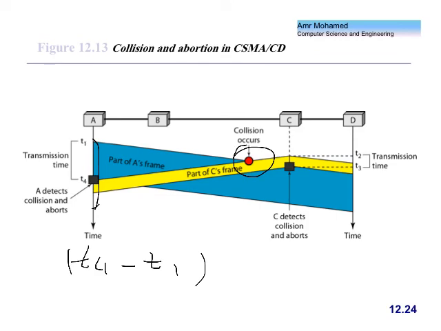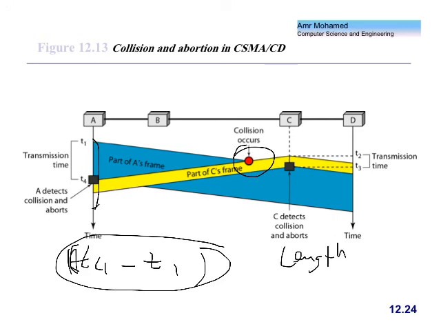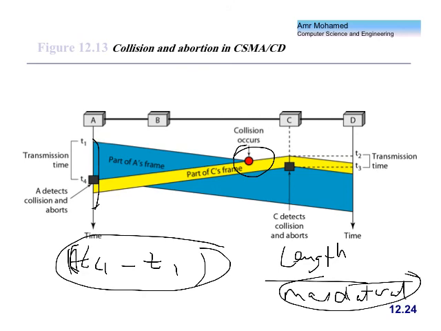When I say that the frame length is T4 minus T1, we don't measure the frame length in time, right? We measure it in bits. But what does that mean? This means that the time is the length divided by the maximum data rate, right? The maximum data rate is one constant for the channel.